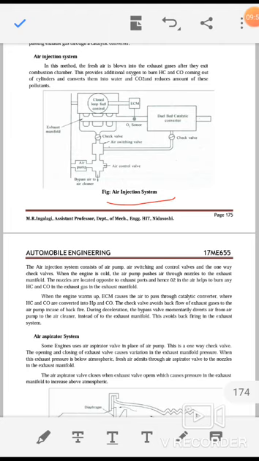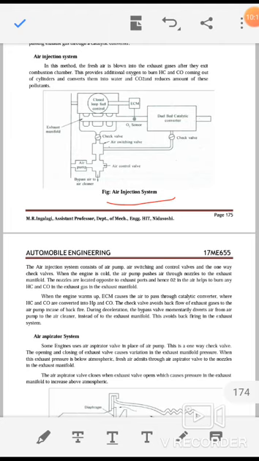The check valve avoids backflow of exhaust gases into the air pump in case of backfire. During deceleration, the bypass valve momentarily diverts air from the air pump to the air cleaner instead of the exhaust manifold. This avoids backfire in the exhaust system.